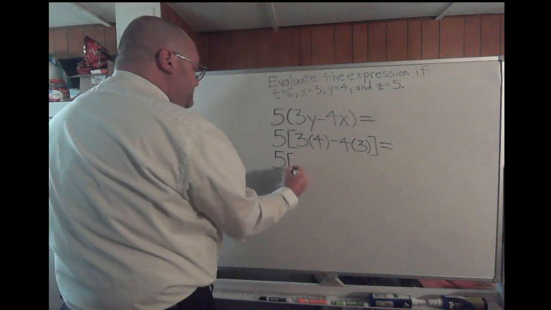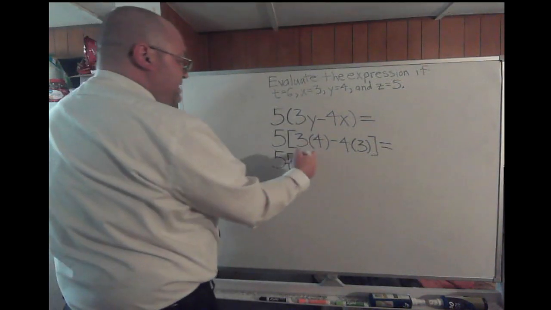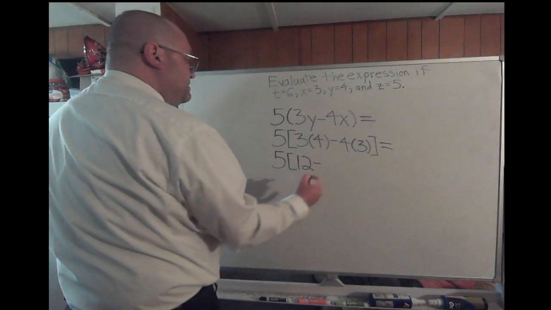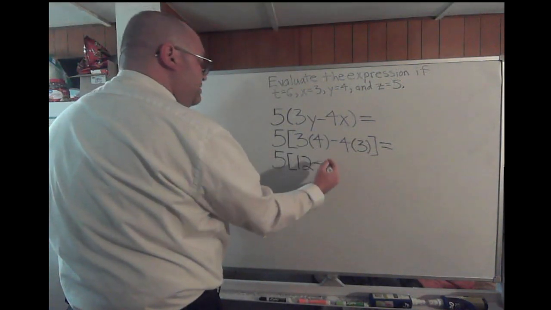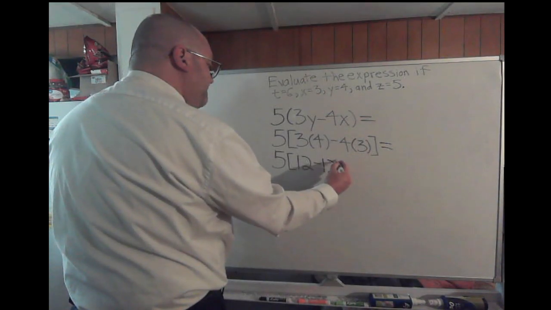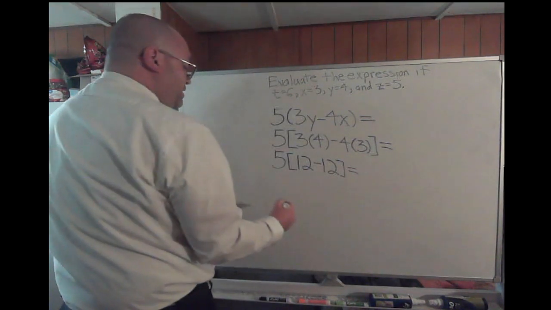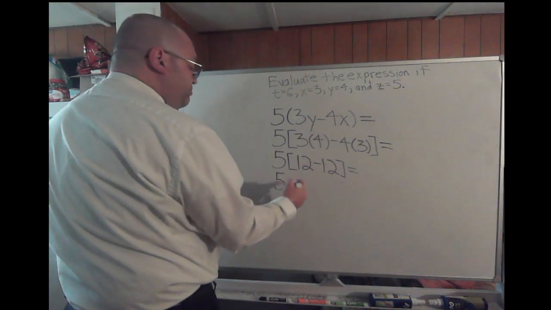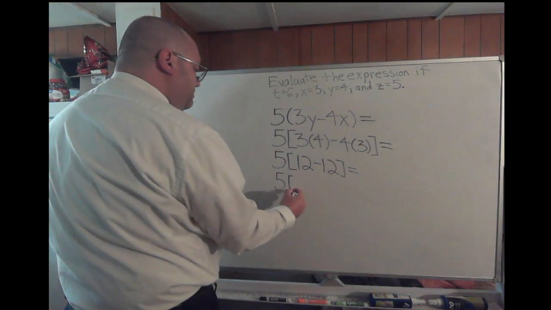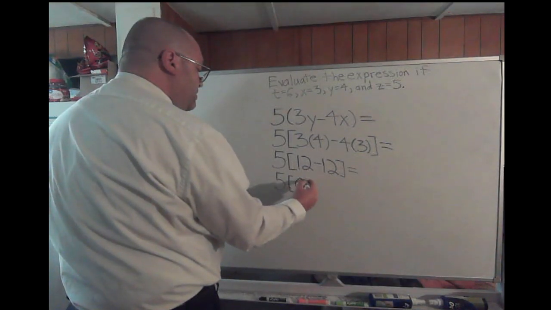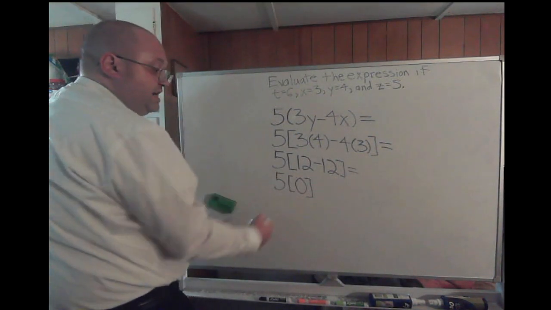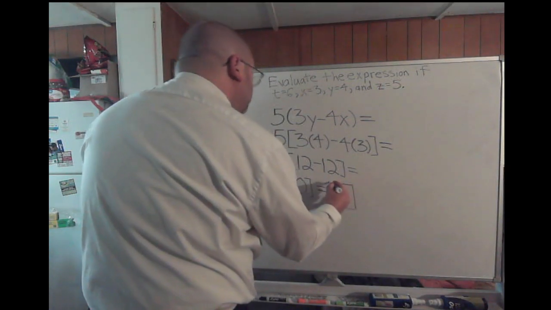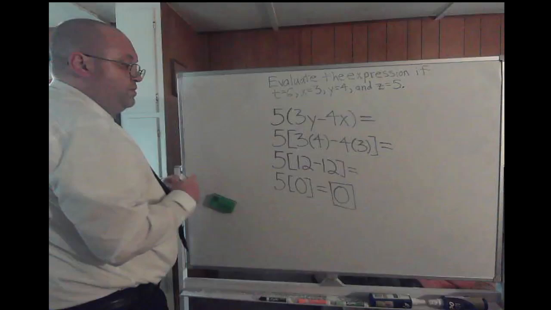So 3 times 4, that's going to be 12, minus 4 times 3, that's also 12. So you just have 12 minus 12, that's just 0. Then you just got 5 times 0, which is 0. So the answer is in fact 0.